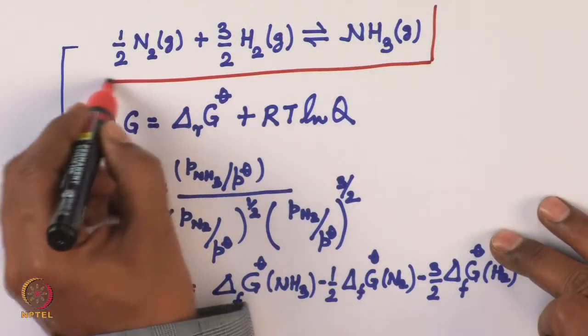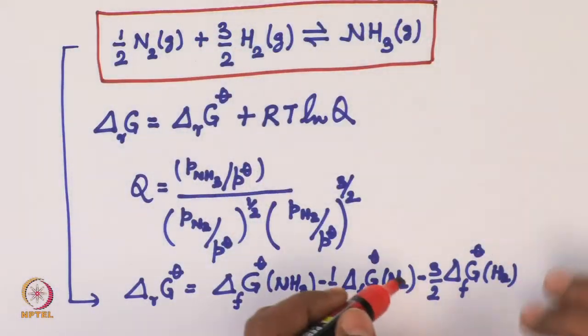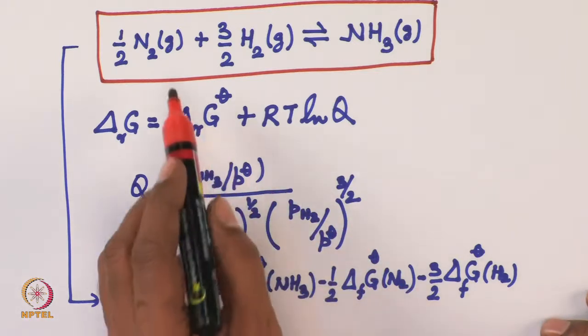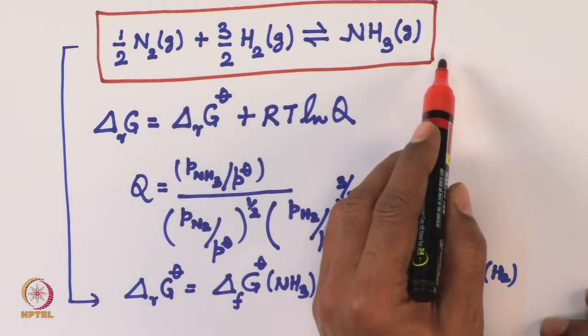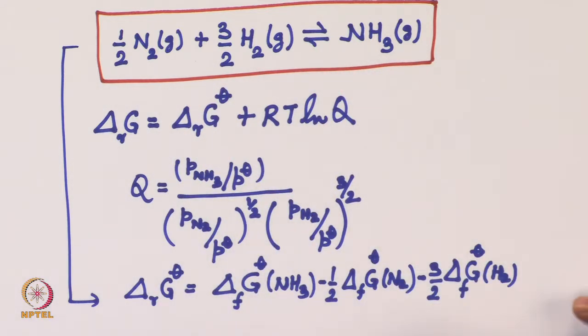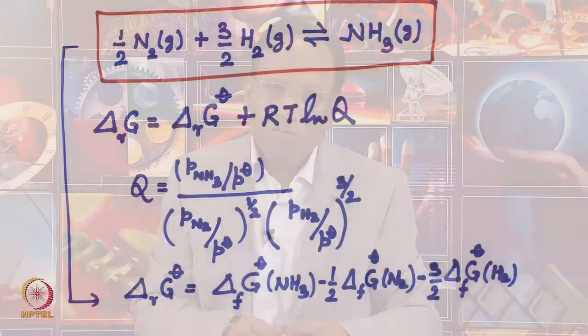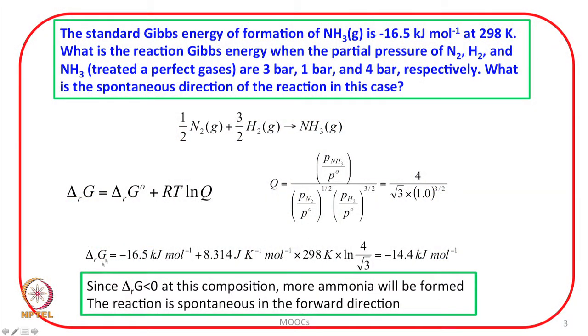So, since we are talking about this particular reaction, under the given conditions the reaction will move towards the right hand side, that means more ammonia will be formed. And that is what is commented upon in the slide. Since delta R G is less than 0 at this composition, more ammonia will be formed. That means the reaction is spontaneous in the forward direction.